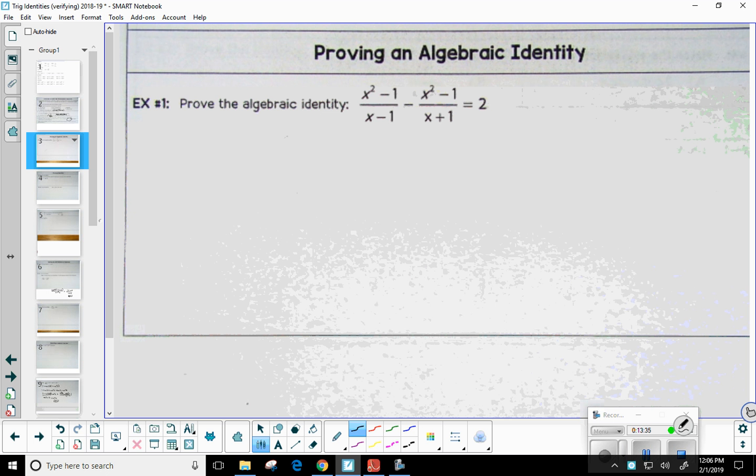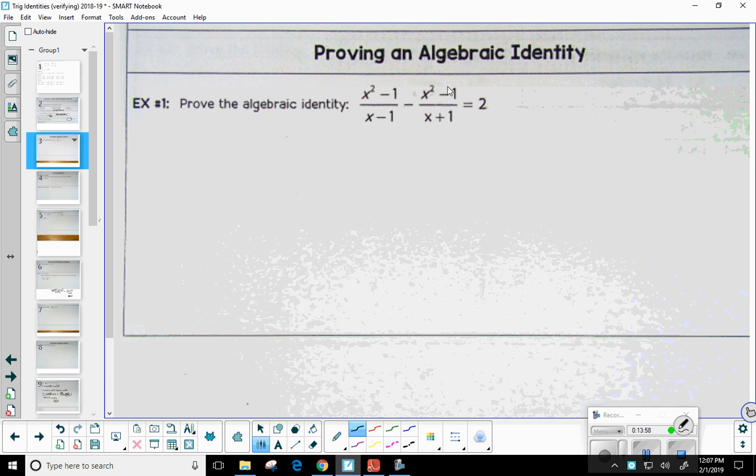This is why I was saying earlier it's always a good idea to start with the more complicated side, because I think it's going to be easier to rewrite this into a 2 than to take a 2 and try to expand it into that. Well, let me show you how easy this can be. And really, it just depends on your idea. But I'll go ahead and get the ball rolling.